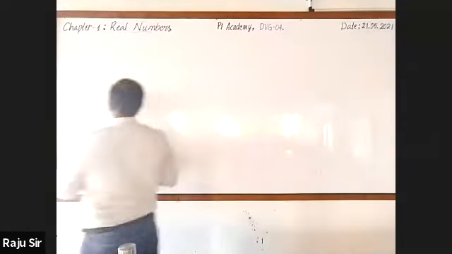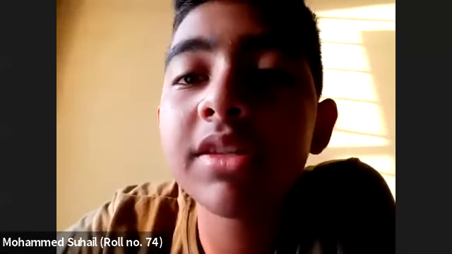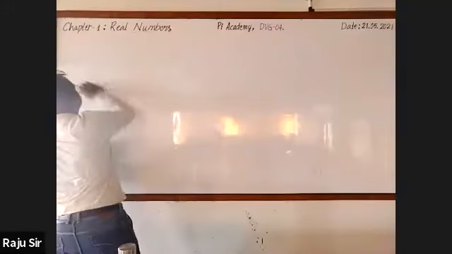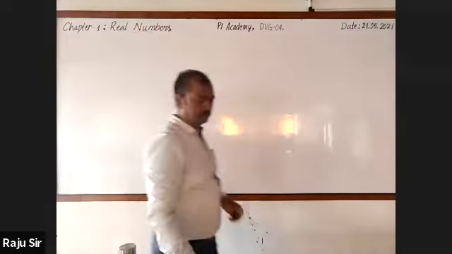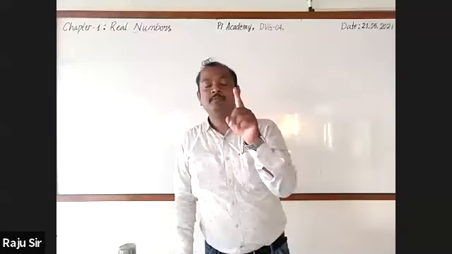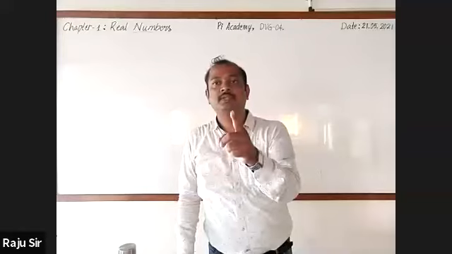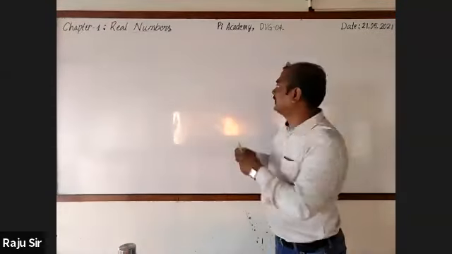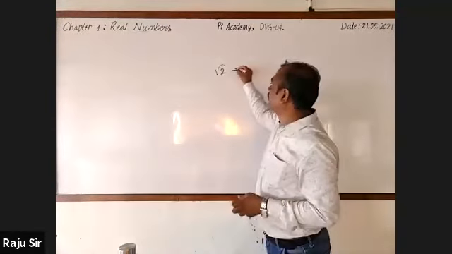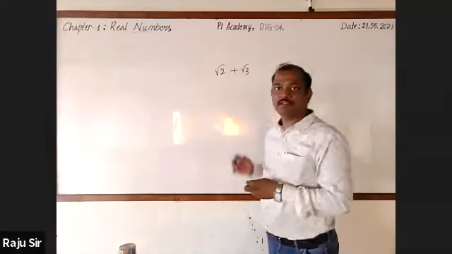Sir, I have a doubt in irrational numbers. What is that? Sir, if both irrational numbers are given in a binomial, how to solve it? Definitely, we will solve such types in the additional problems. You are asking, sir, how to prove root 2 plus root 3 is irrational? Yes, sir.